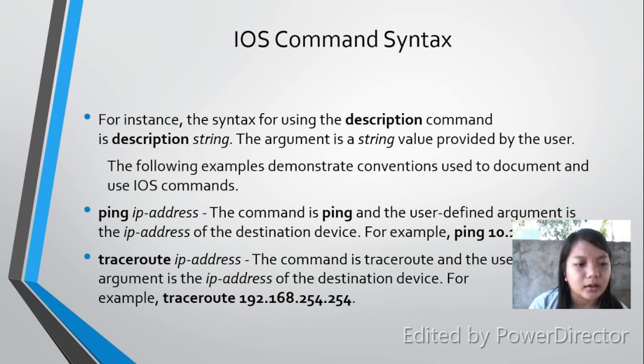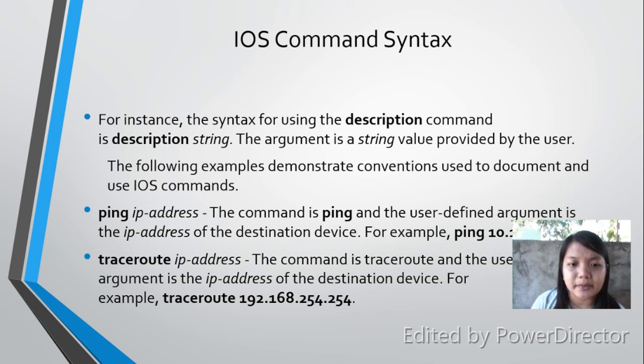The first is ping IP address. The command is ping, and the user-defined argument is the IP address of the destination device. For example, you will ping two computers, let's say PC1 and PC2.